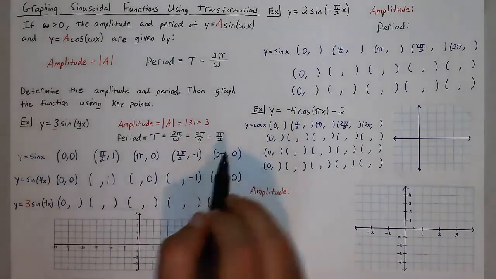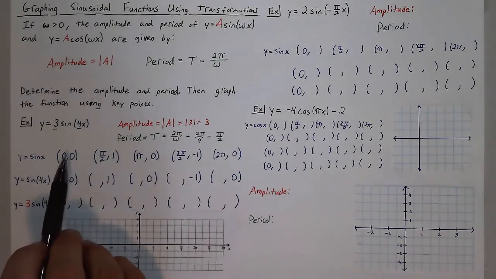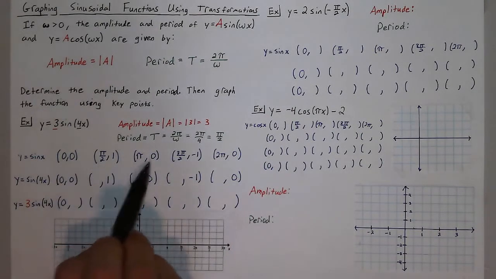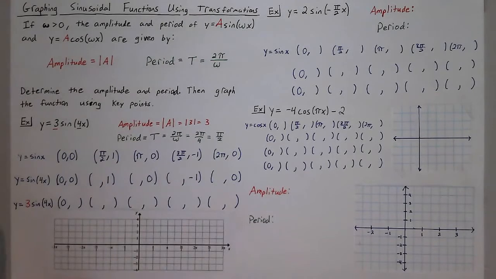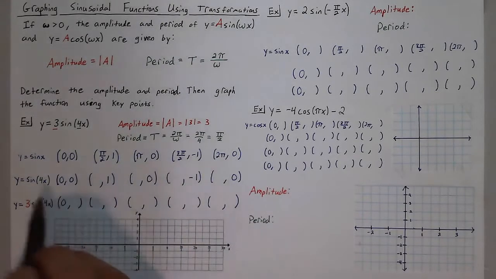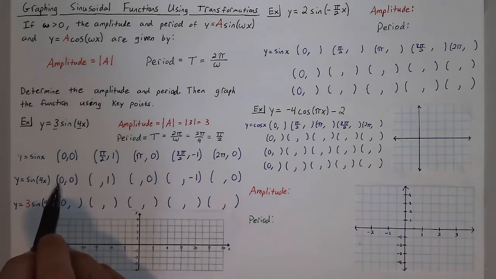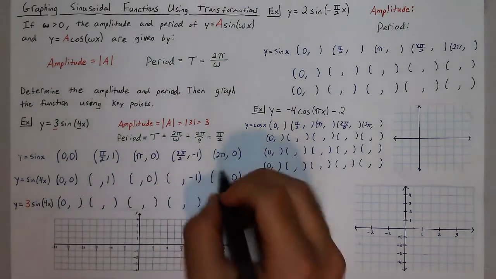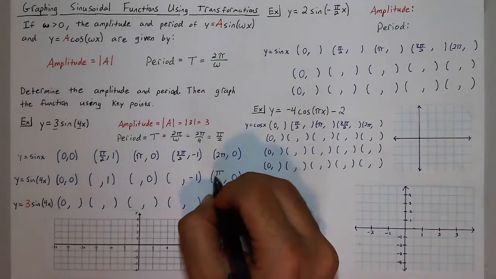Now, to graph using key points, I first wrote down my 5 key points for sine, and now I'm going to apply the period change first. Usually this would start at 0 and end at 2 pi, but now, instead of ending at 2 pi, it ends at pi over 2.